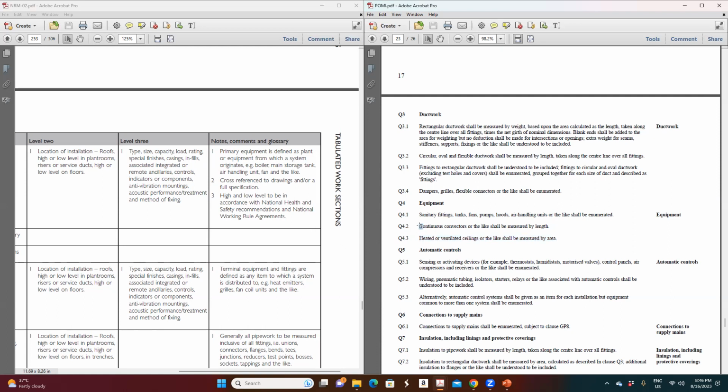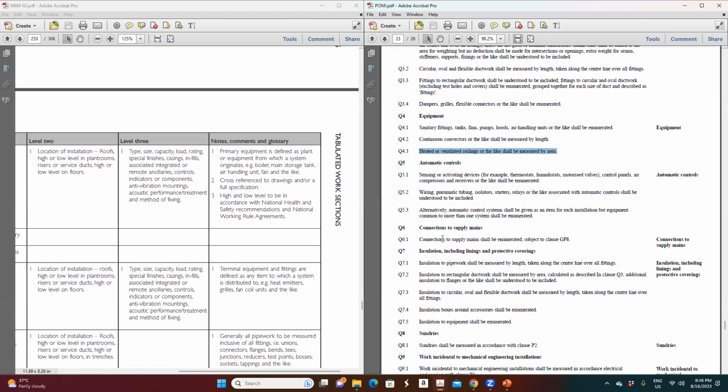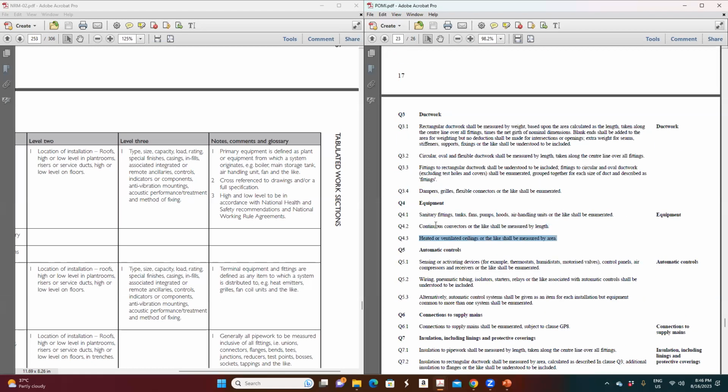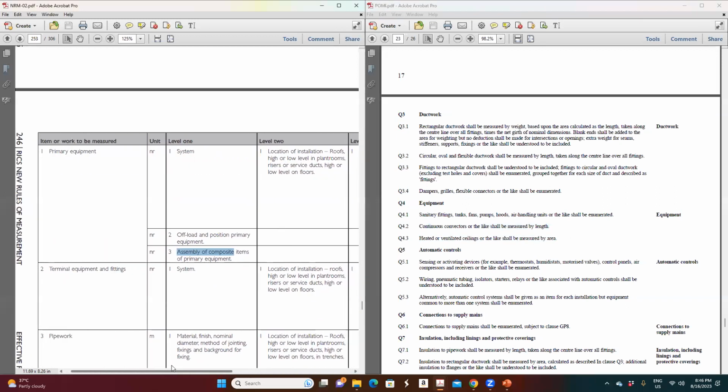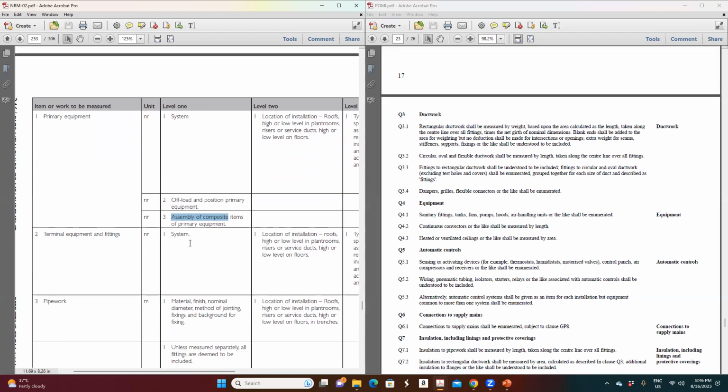Diffusers coming by length, so they said measured by length. The grills, linear diffuser, this talks about the linear diffusers, I guess, and this talks about the triangular or rectangular diffusers that will be measured by area.